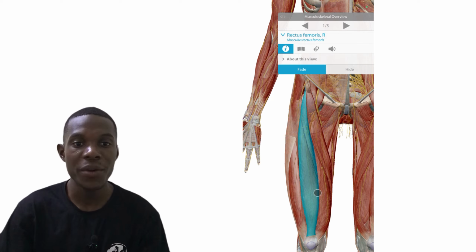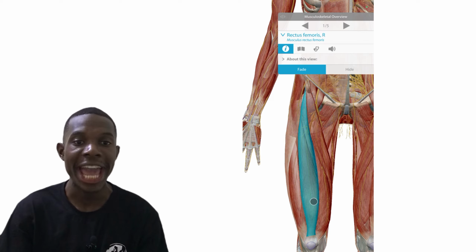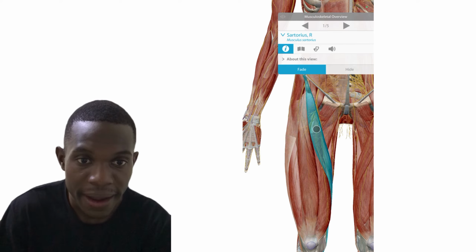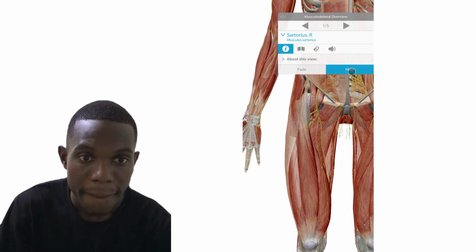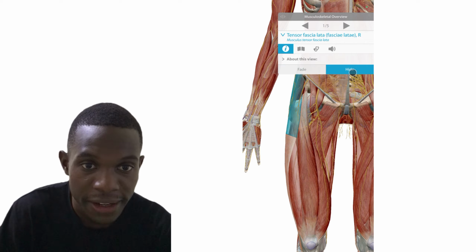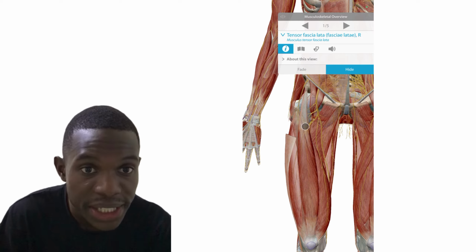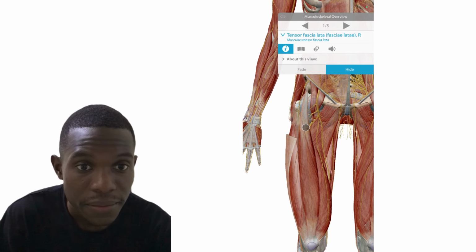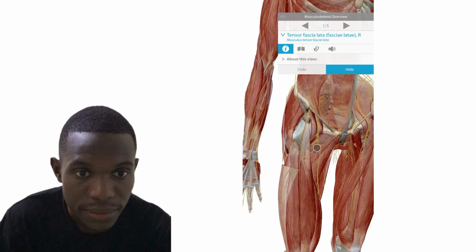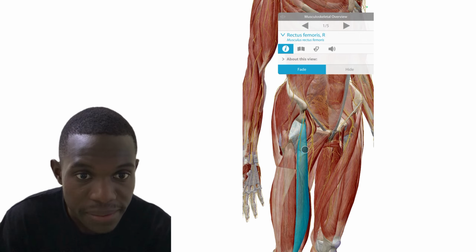So the rectus femoris, it originates from two heads. It has a reflected head as well as a straight head. So let's see if we can see the reflected head and the straight head. So right here is the rectus femoris.